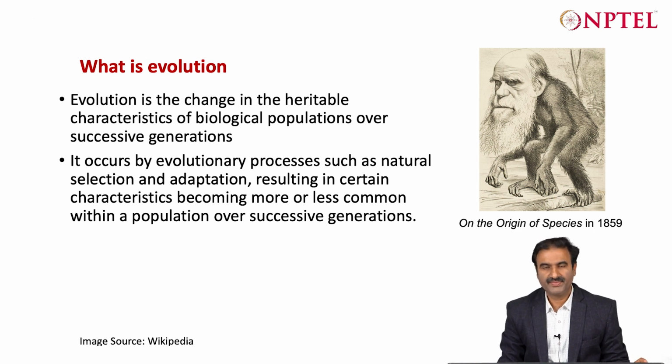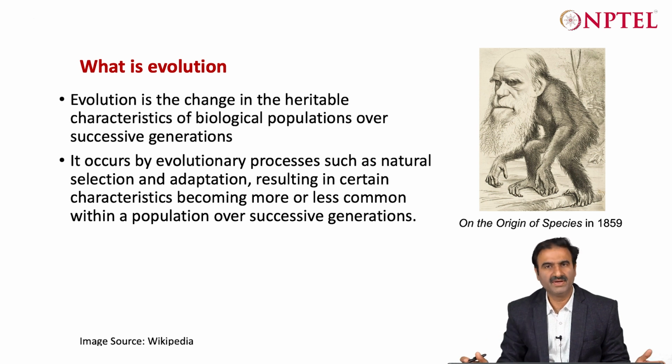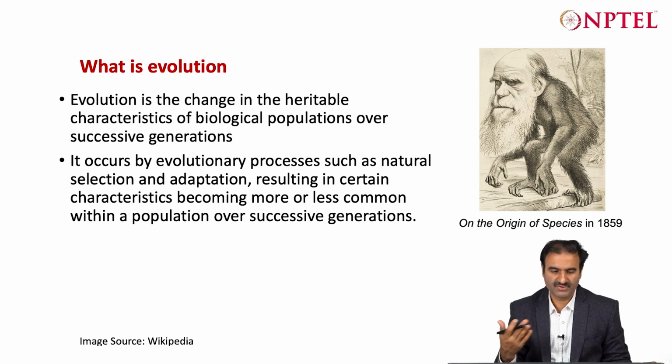So basically we all have evolved from a single cell over a period of time, encompassing several billion years. Slowly evolution has happened, and that has brought changes which are heritable, that means which can pass from one generation to another.